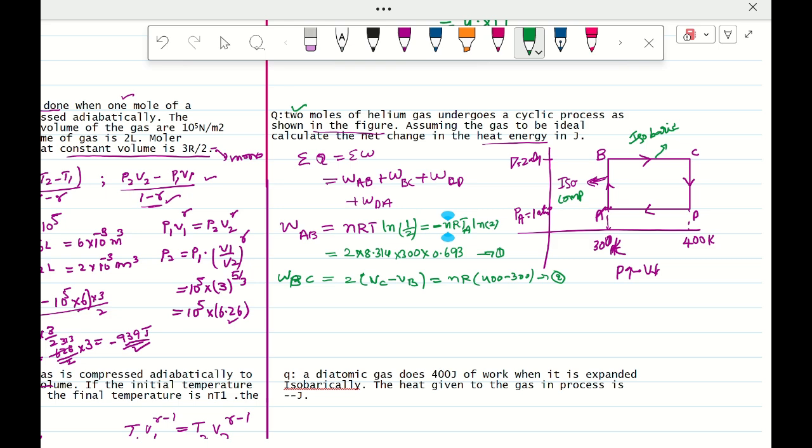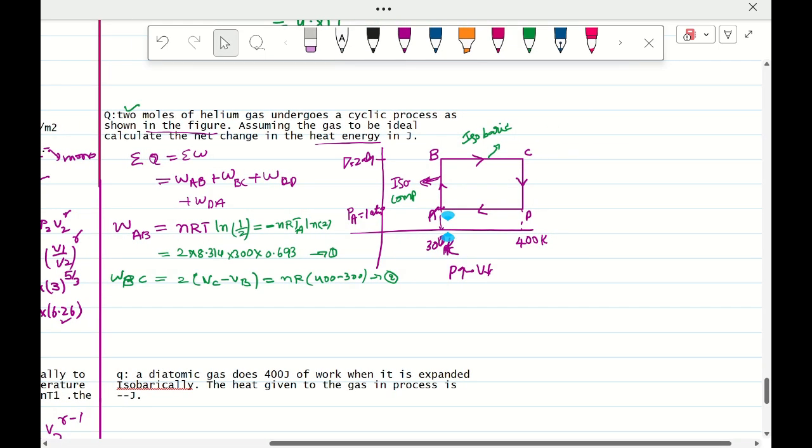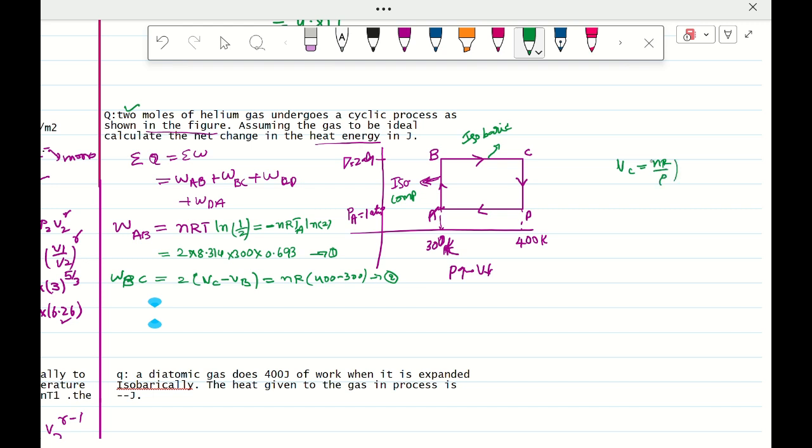Here, according to the ideal gas equation, this gas is an ideal gas, it means helium gas also behaves like an ideal gas. Therefore, P is constant, and V is equal to nR by P into T. So Vc minus Vb is equal to nR by P into Tc minus Tb.